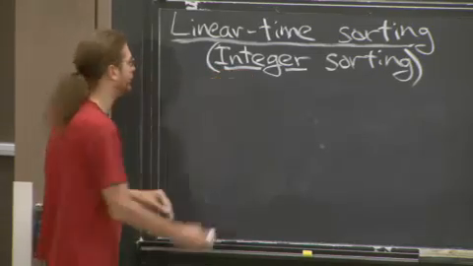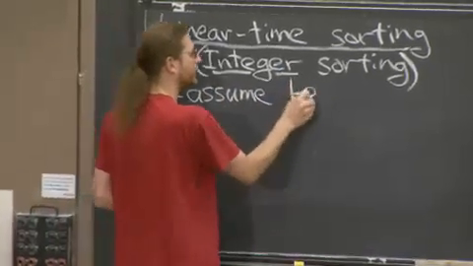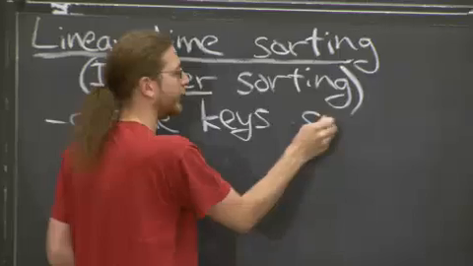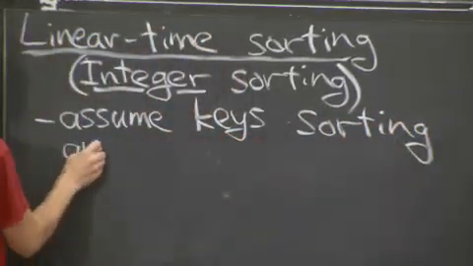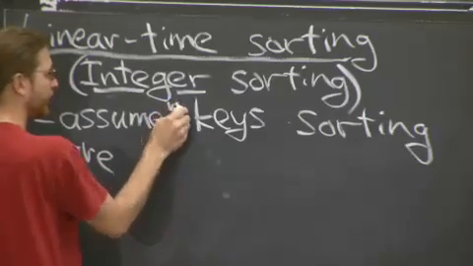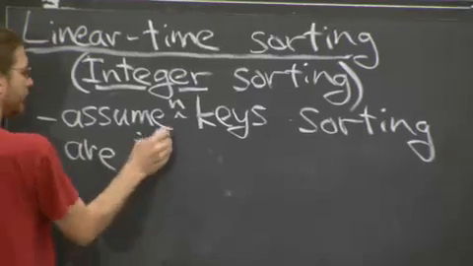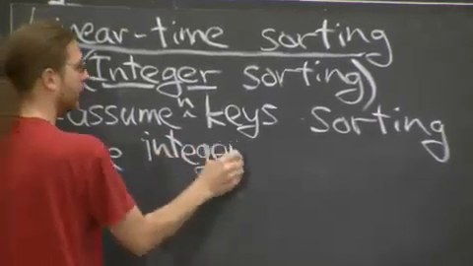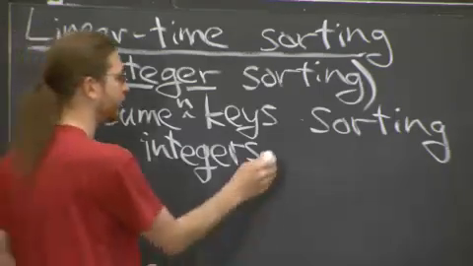This is an assumption. I'm going to be a little more precise. The keys you're sorting are integers. There's still, I'm going to put a little n here. Remember, there's n keys. I'm also going to assume that they're in some range.